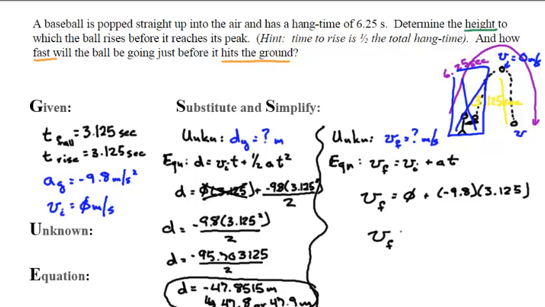Velocity final, the 0 blows up, and when I multiply this together, I get negative 30.62 meters per second. Once again, this negative means that it's traveling in the down direction, which is fine. And if I apply significant figures, I get negative 30.6 meters per second.